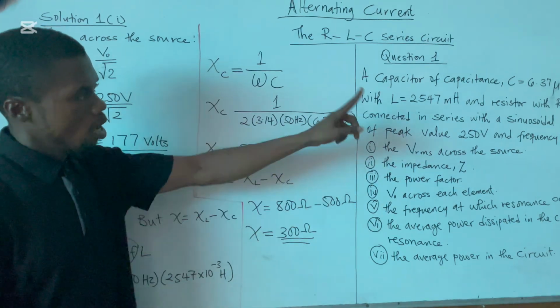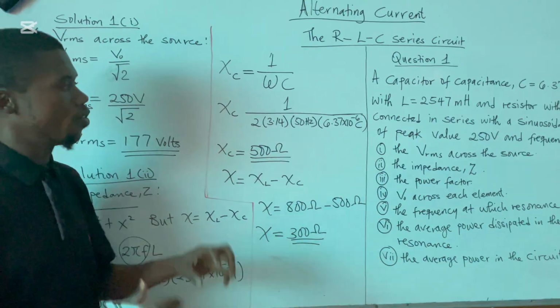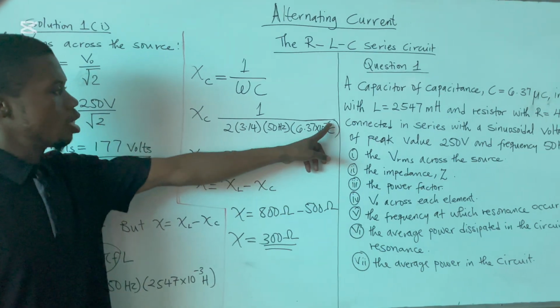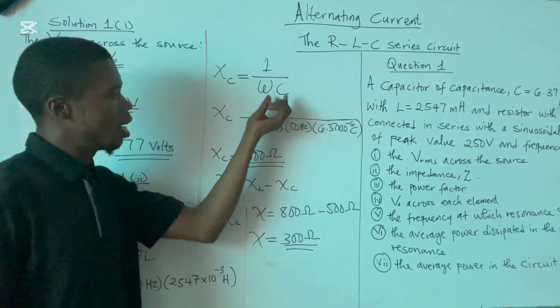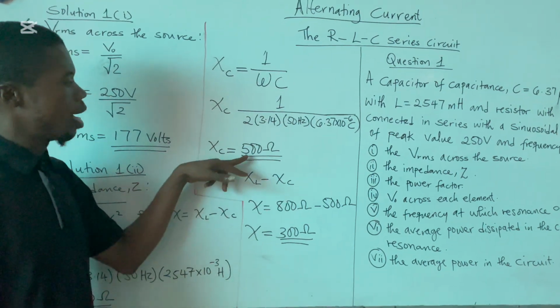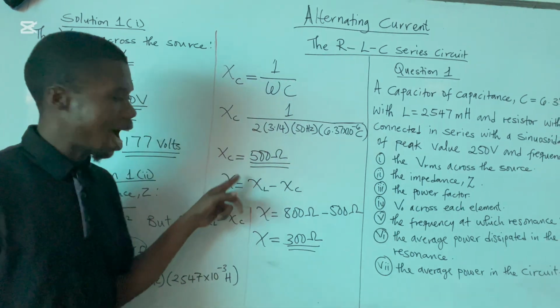The capacitance is in microfarad, so we have to convert it to farad, that is a factor of 10 to the power negative 6. Now we multiply and divide, and we get 500 ohms for the capacitive reactance.